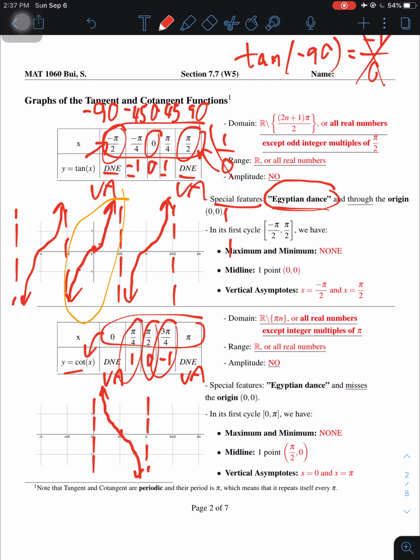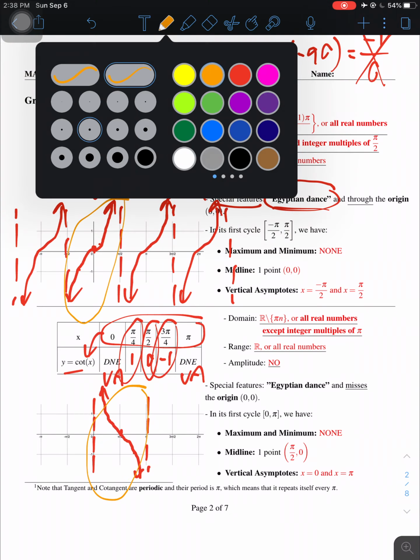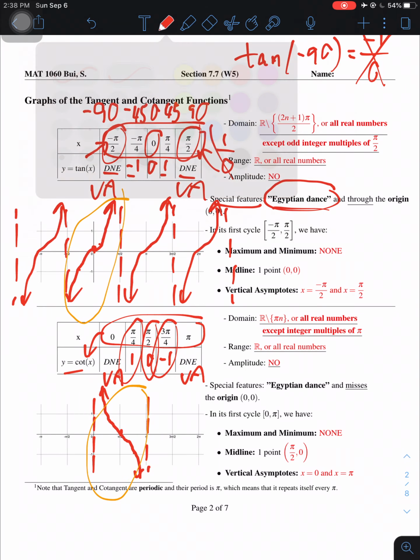Okay, and same thing with this one. So these are all periodic functions, right? And for the cotangent functions, if you want, you can copy and paste it more to the left and to the right hand side. So you can have something that looks like this, and same goes for the other side. It's going to look like this.